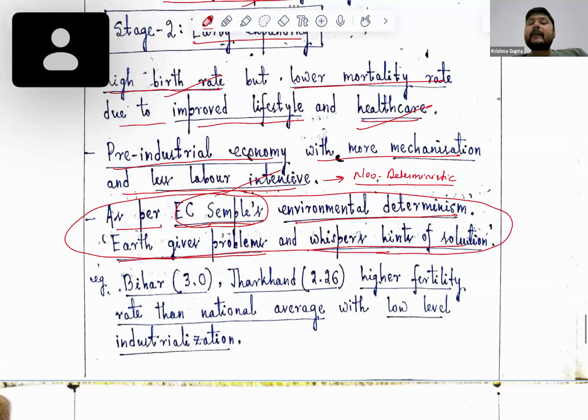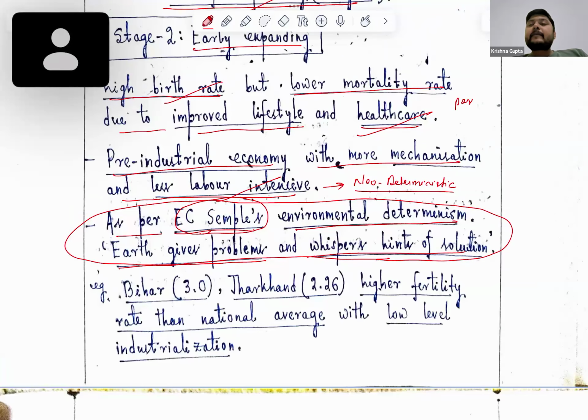Because we are looking at the possibilities which human beings are expanding. Neo-determinism, I thought I could. So we can interlink here the various possibilities being sought by human beings in terms of development, stop and go determinism by Griffith Taylor.